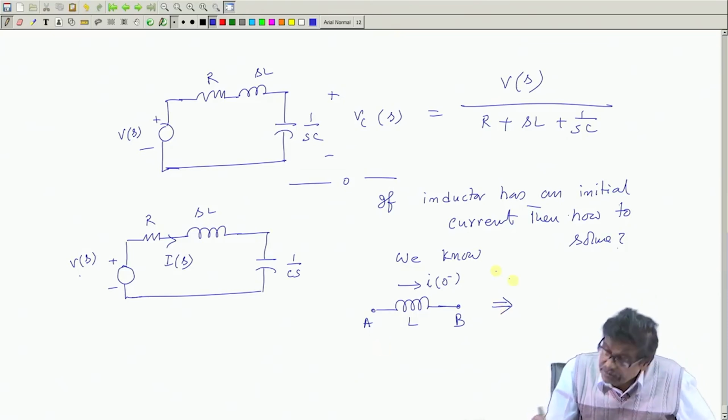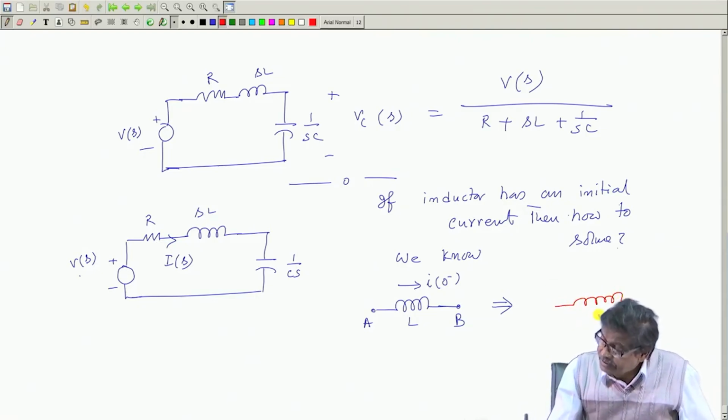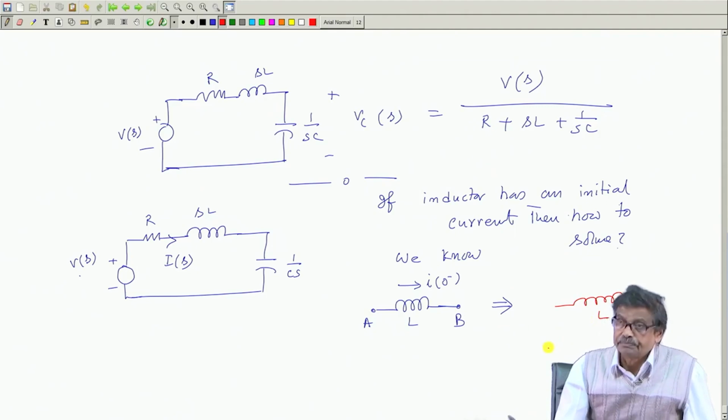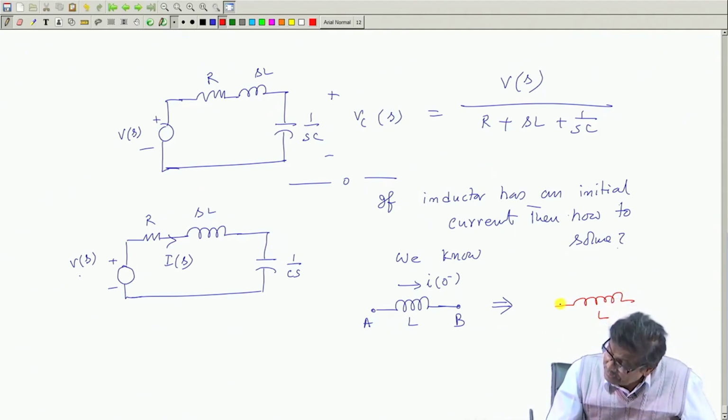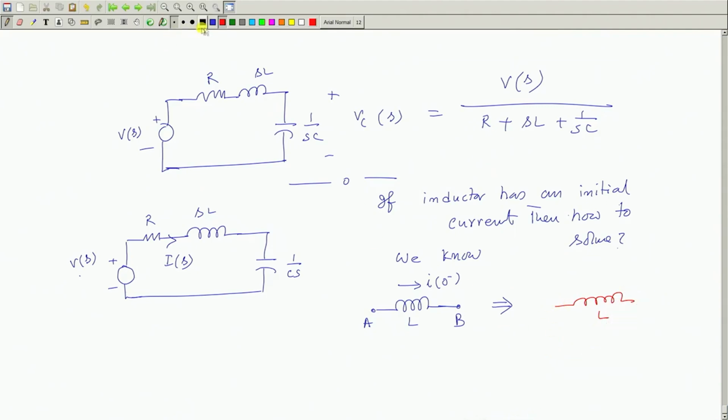It is equivalent to an inductor which is uncharged, but across it consider a current source is connected. In time domain I am telling, is it not?